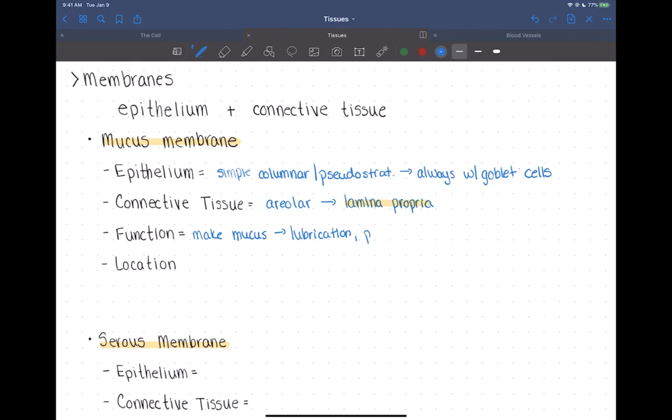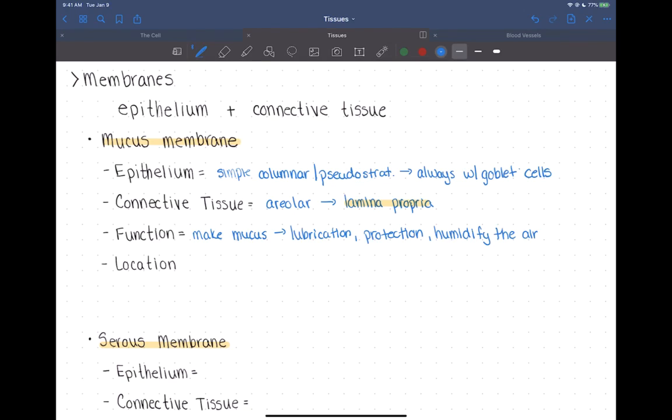The respiratory system has lots of mucous membranes. That mucus traps debris, so that would also provide protection. It also can humidify the air, add moisture to the air, because you don't want air to dry out your tissues and your cells.